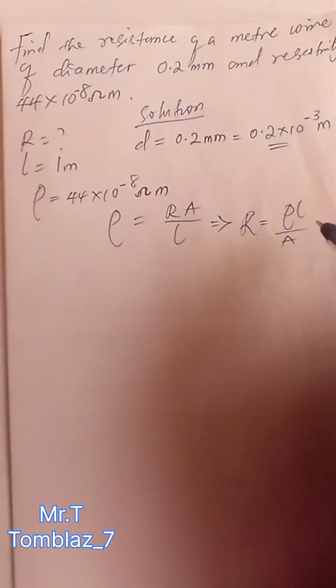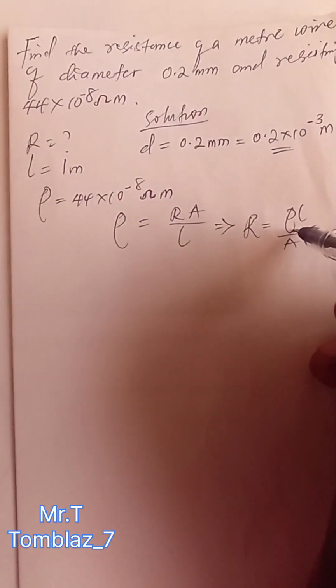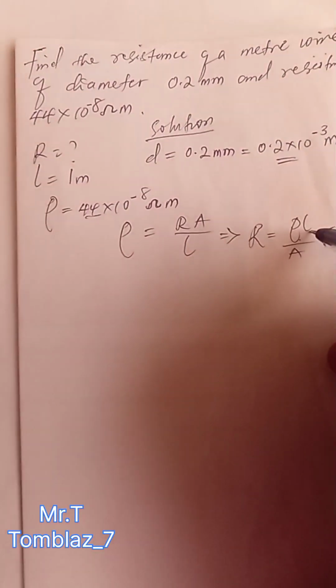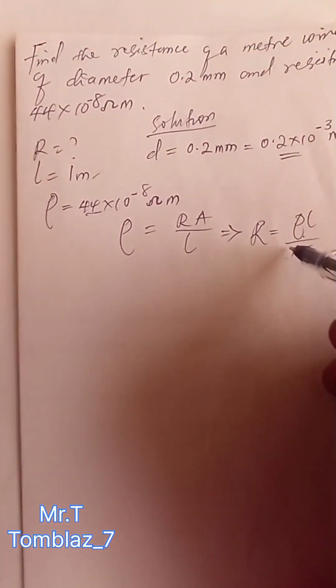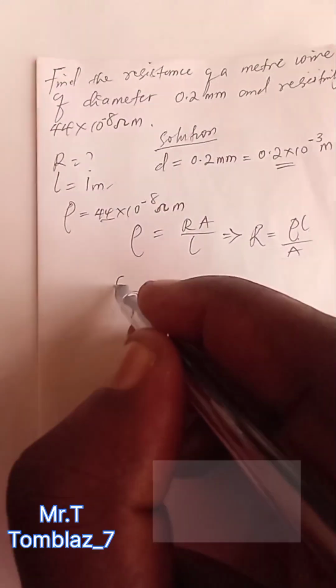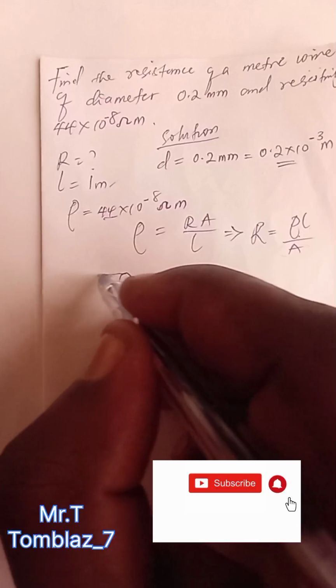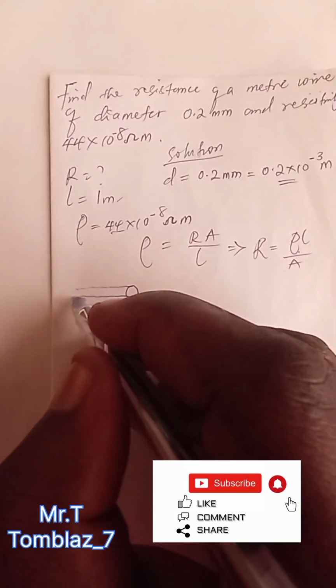So we are given rho, we are given length, but we are not given area. How do we get area? Now this is a wire, and we know that a wire has a circular end, right? So we will represent a wire like this.